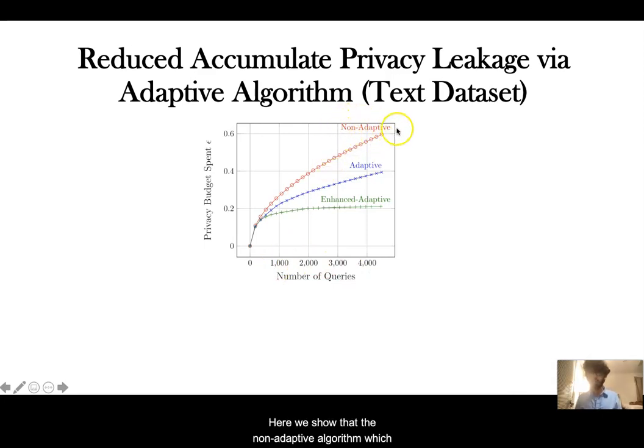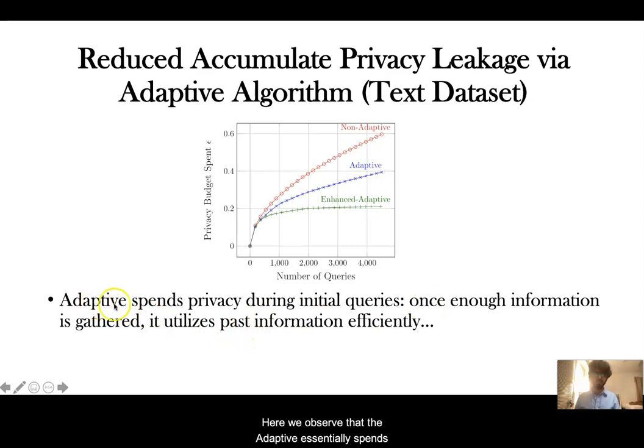We show that the non-adaptive algorithm, which does not utilize any past information, quickly exhausts its privacy budget, whereas our adaptive algorithm slowly starts to utilize some past information and save some privacy leakage. The enhanced adaptive algorithm is a more greedy version of the adaptive algorithm, which you can look into in the paper.